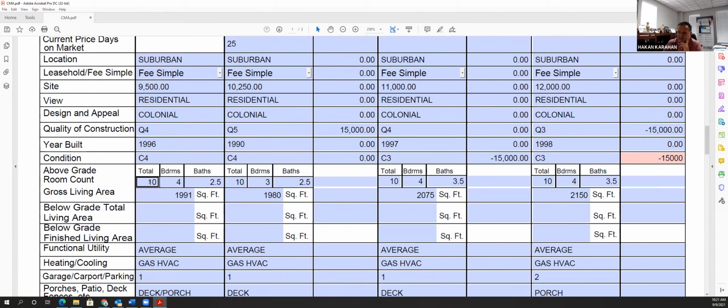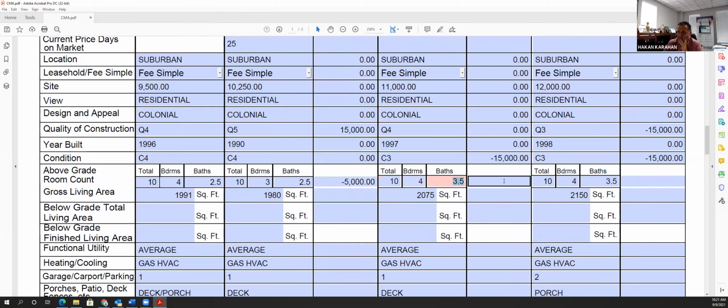So this home has 10 rooms, 4 bedrooms, 2.5 bathrooms. Since it has 1 extra bedroom, this one is going to be deducted minus $5,000 for having that extra bedroom. Now this one is 10 rooms, 4 bedrooms, 3.5 bathrooms.